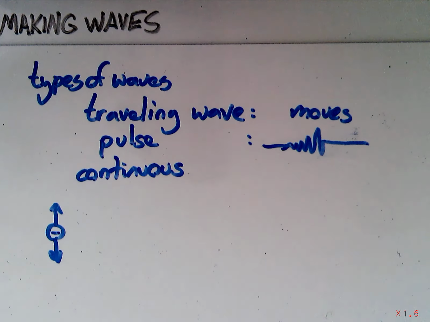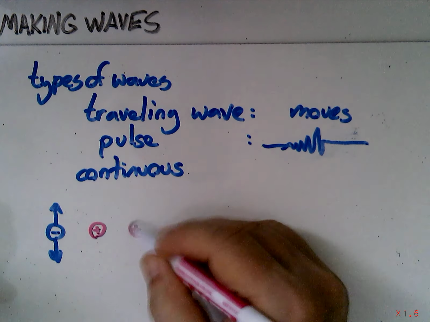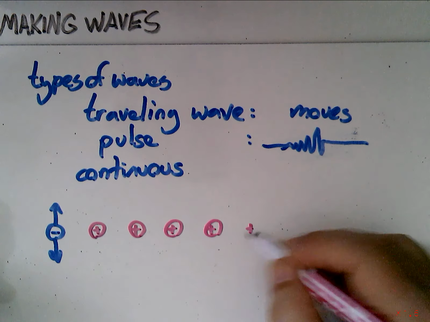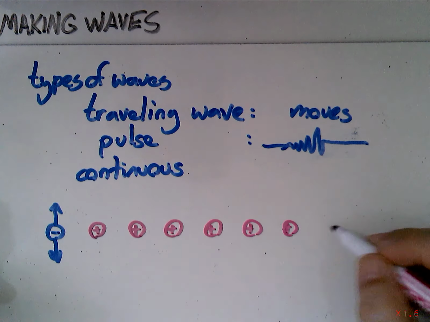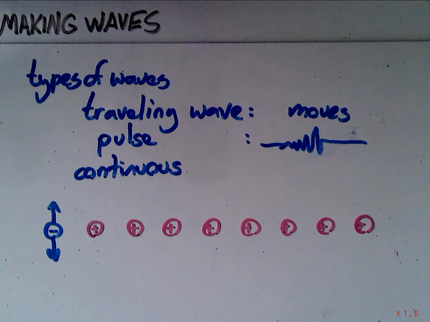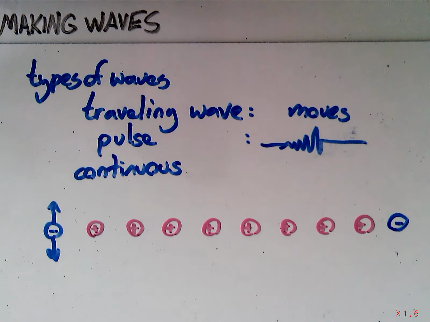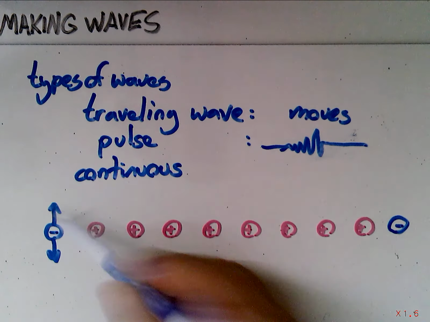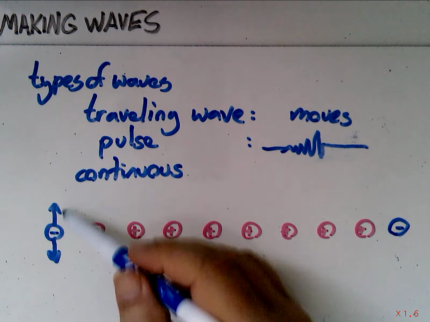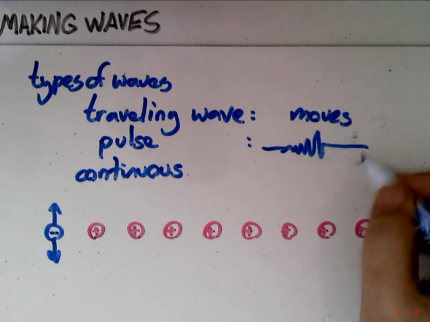And suppose you had some protons out here. And over here I have another electron. Suppose I'm going to do a continuous wave, and that is one where I just keep on bouncing up and down. So there's not just one disturbance like in a pulse wave.